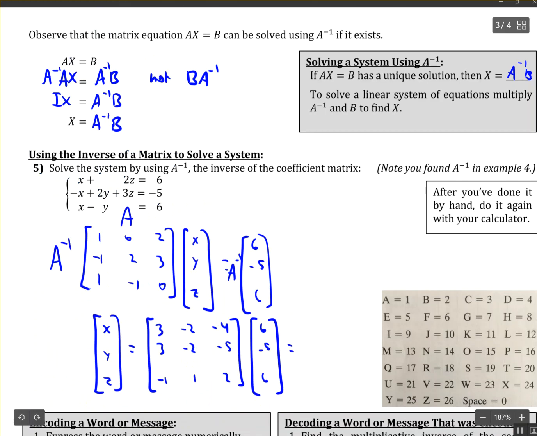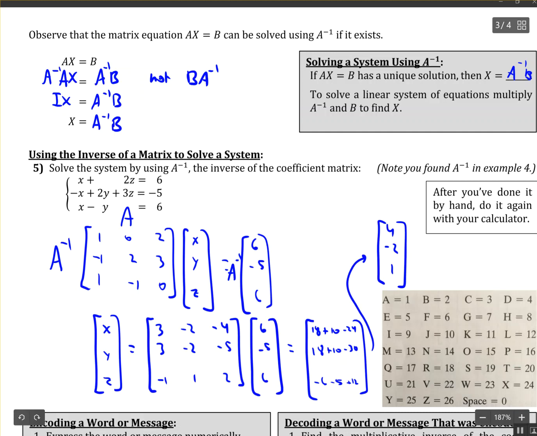So when I do that, I end up with 3 times 6 is 18, plus 10, and then minus 24. And then on the next one, I get 18 plus 10 minus 30. On the next one, I get negative 6 minus 5 plus 12. So my answer ends up being 28 minus 24 is 4, 28 minus 30 is negative 2, and 1. So that's what x, y, z is equal to. X is 4, y is negative 2, z is 1.